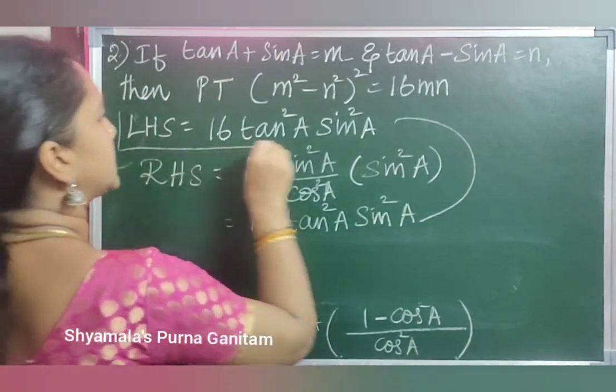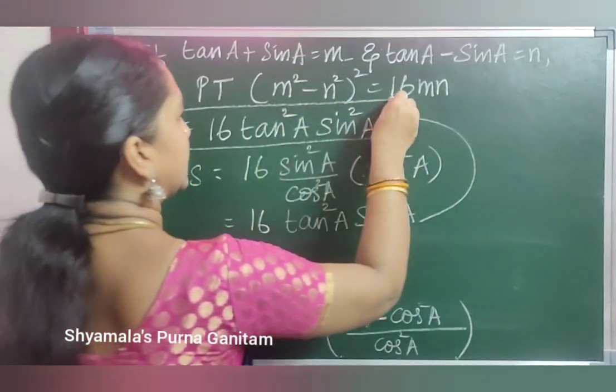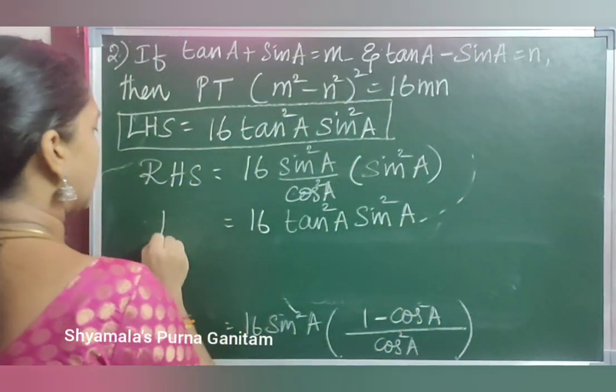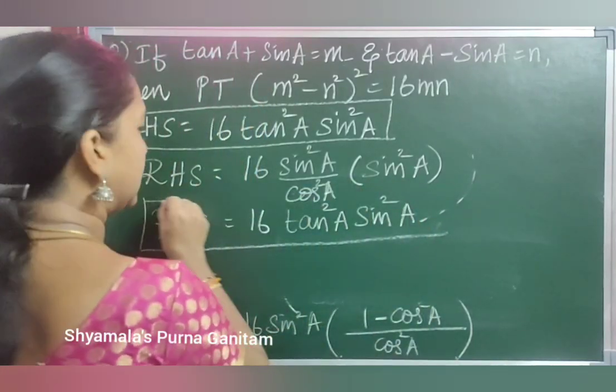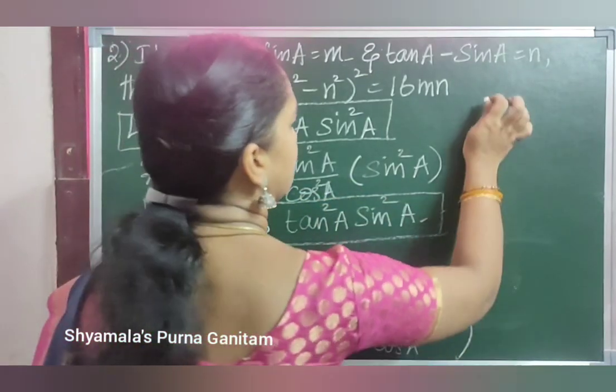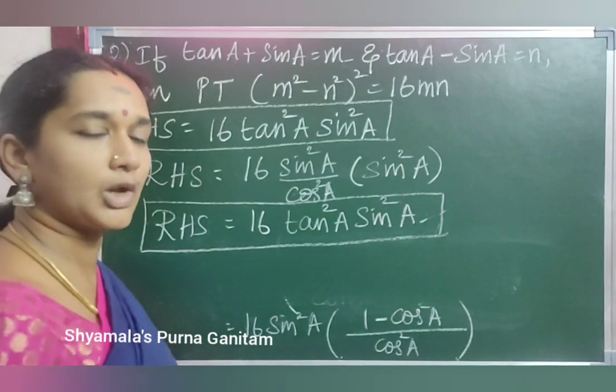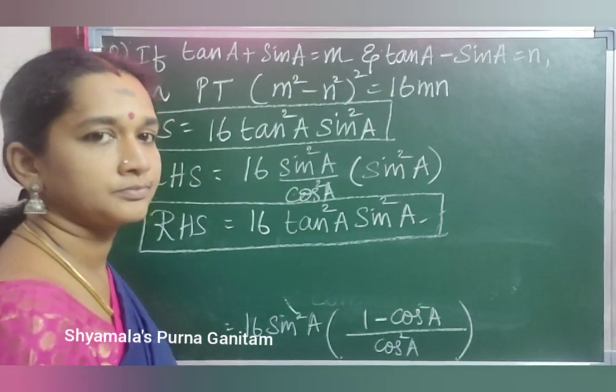So LHS is 16 tan squared A sin squared A, and my RHS value is also 16 tan squared A and sin squared A. So I have proved this sum.